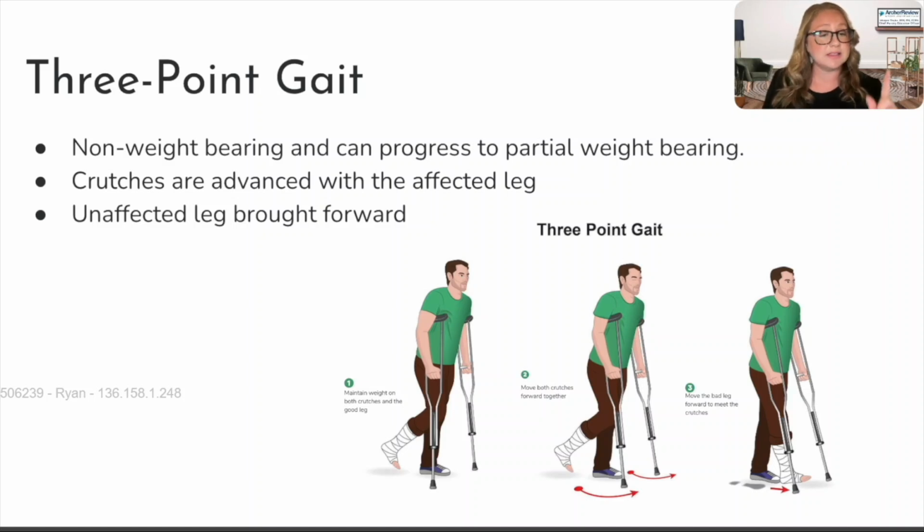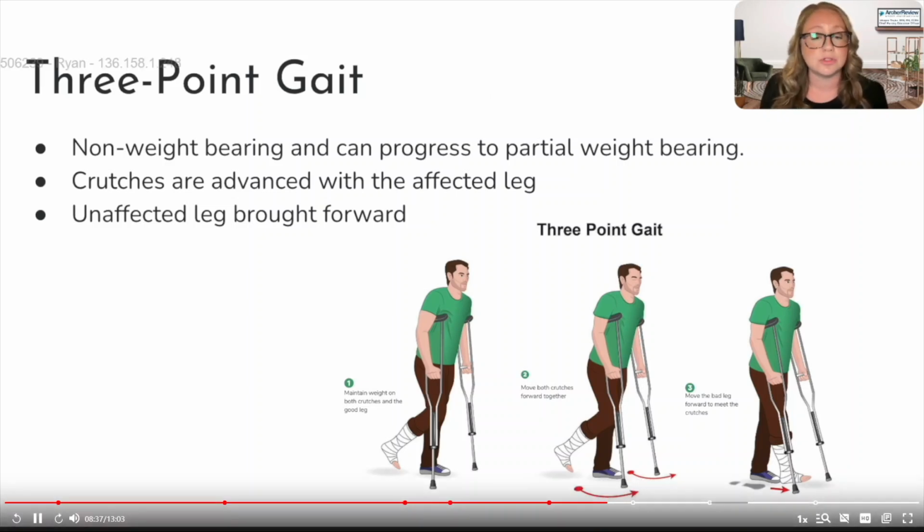What happens is that first, the weight is balanced on the good or unaffected leg and the crutches. Then both the crutches go forward, keeping the weight on that unaffected leg. Lastly, the client transfers that weight into the crutches and moves the bad or affected leg forward to meet those crutches.